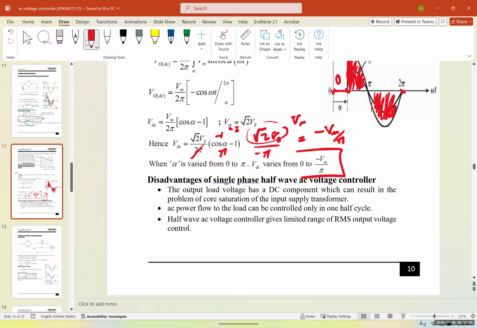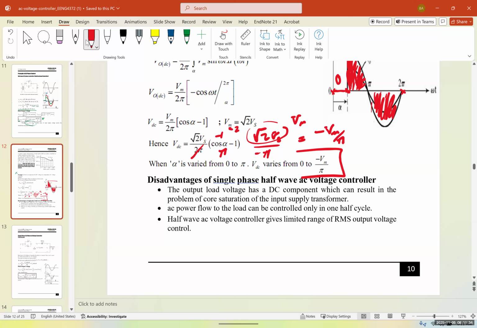Now, there are some disadvantages of the single-phase half-wave AC voltage controller. The first thing is this exact example. We're going to have a DC component, and since we are in an AC system, most likely if this is connected to an induction motor or a transformer, it's going to saturate the core. In a transformer, we do not want to have a DC current going inside.